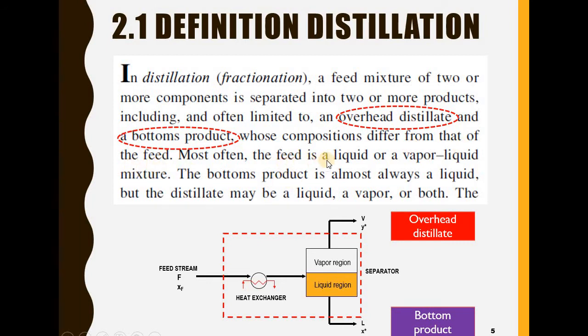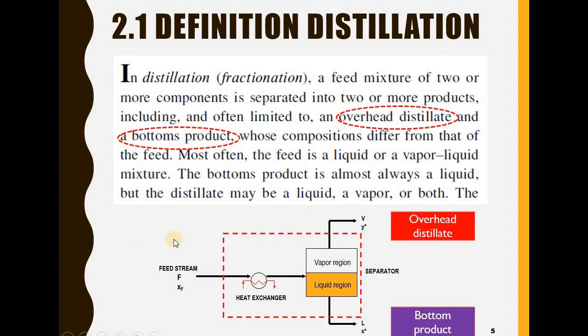The feed stream can be a liquid or a vapor-liquid mixture, and the bottom product is almost always a liquid. The distillate may be liquid, vapor, or both. So these are the important terms that you should know in the distillation process.